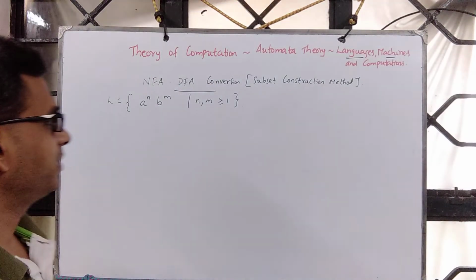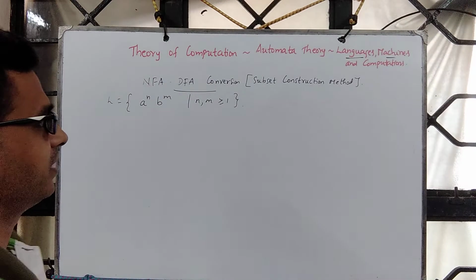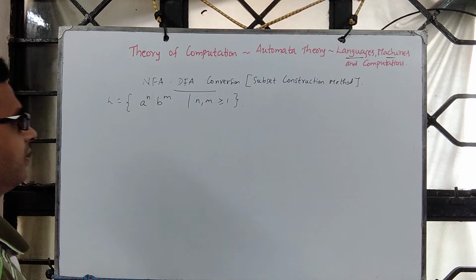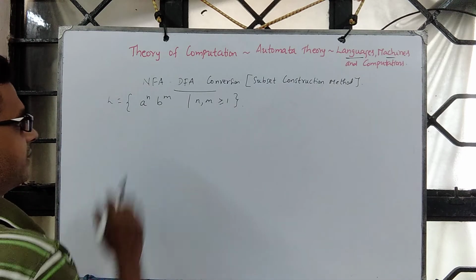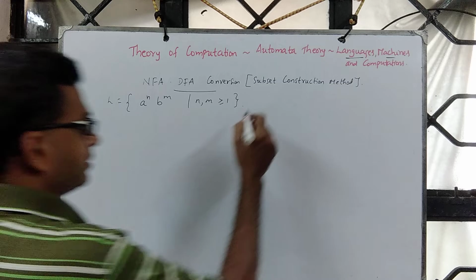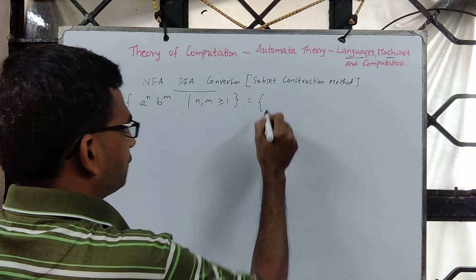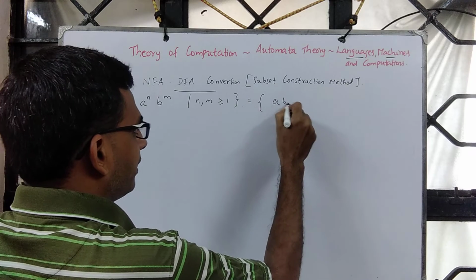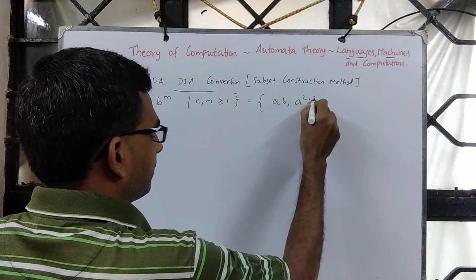Let us look at one more example to understand the subset construction method. Consider this language consisting of strings of the form a b, a squared b squared.